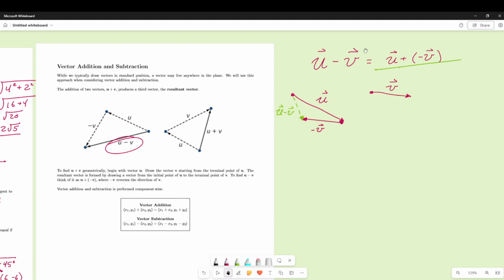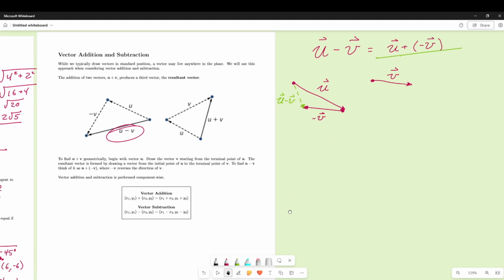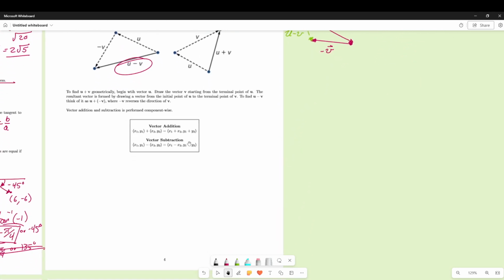So while this is a very common and nice way to visualize what's happening with our vectors, we also want ways to add and subtract vectors that are a little more concrete. The nice thing is, if we have a vector in component form or position form, this form is often called a version of component form because it has the horizontal and vertical components.